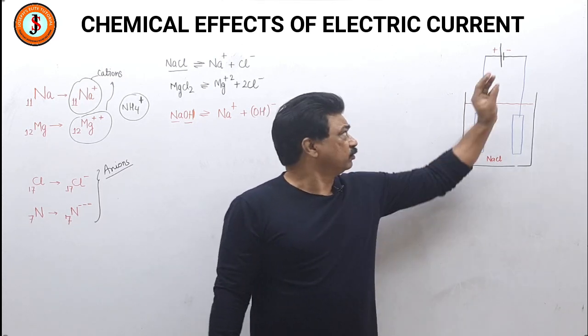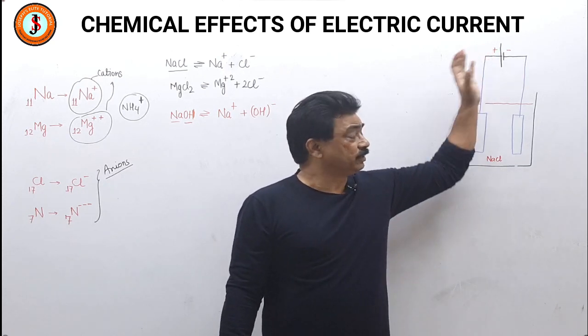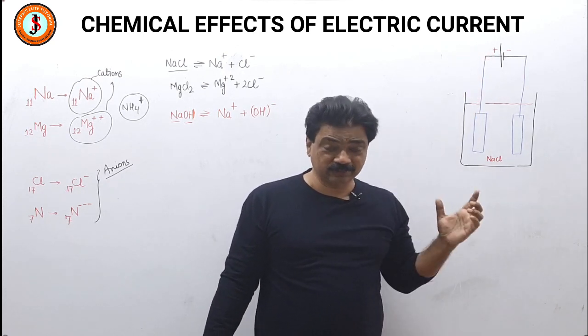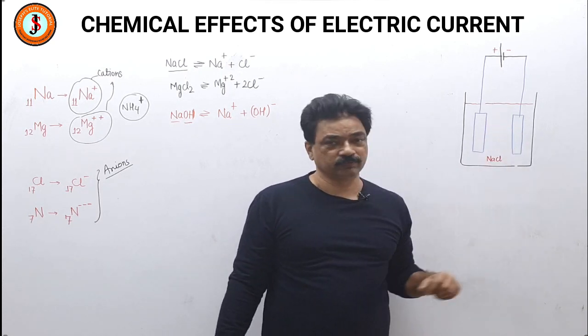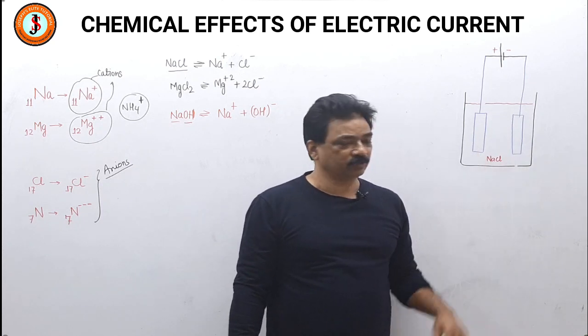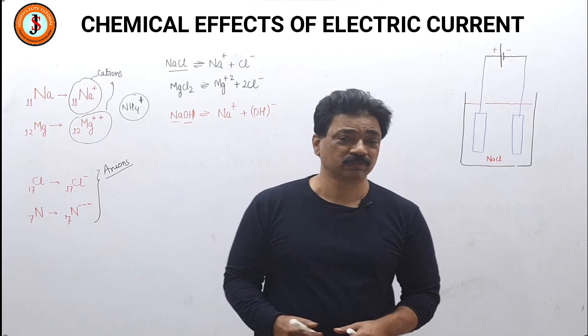So when we know that the negative electrode has got abundance of electrons, the positive electrode has got scarcity of electrons, so we tie them to some conducting plates. So these plates are called electrodes. Suppose I put NaCl salt over there and have a look at what happens.